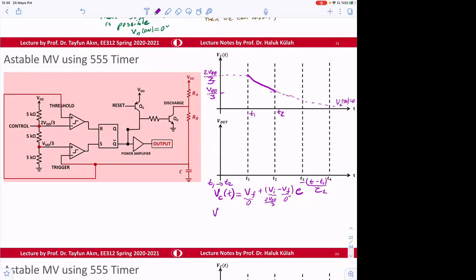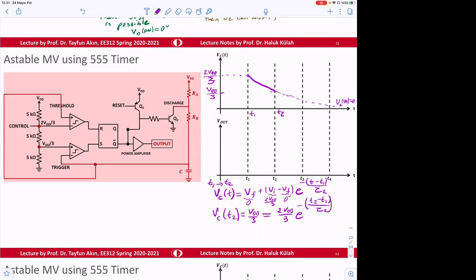And what happens when VC reaches the threshold at T2? At that value, the output becomes VDD divided by 3. And then this should be equal to the initial value, 2 VDD divided by 3, times e to the power minus (T2 minus T1) divided by tau 2.